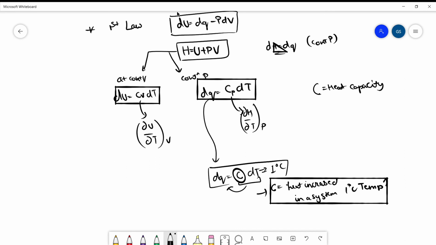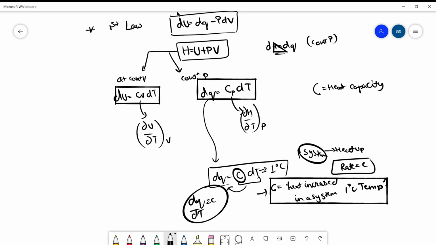C is nothing but a rate at which a material or a system heats up, and that rate is nothing but C. We can see dQ by dT is nothing but C. So that's how you can get the intuition of what C is, at what rate the temperature of a system is getting heated. That's it.